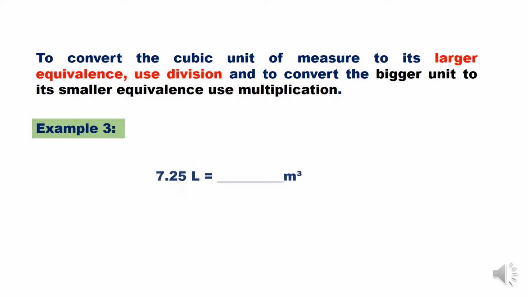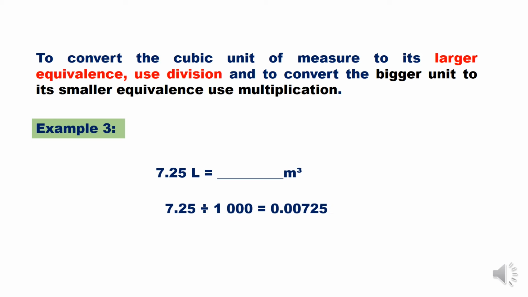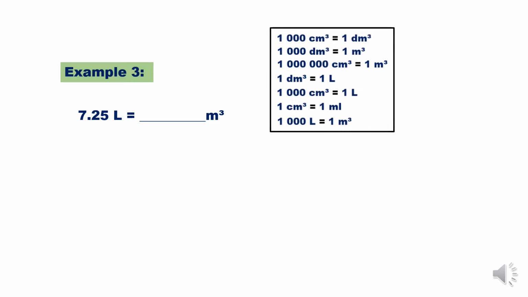Example 3. 7.25 liters equals blank cubic meter. So this is division since smaller to larger. So the answer is 0.00725 cubic meter. Another solution for example 3, 7.25 liters equals blank cubic meters. Conversion, do you notice liter to cubic meter?